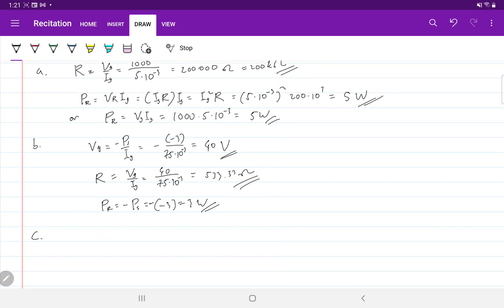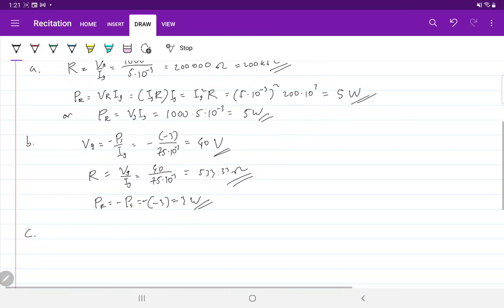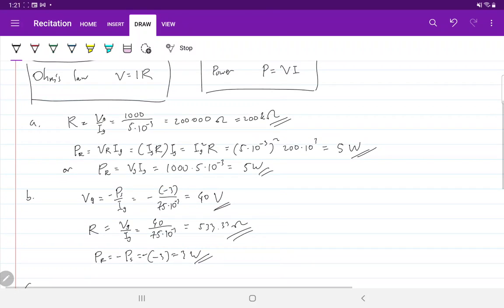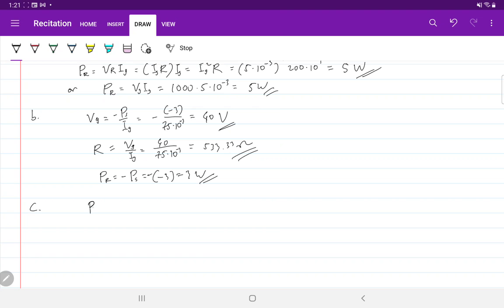All right, C, the question is what is IG? Okay, so we know from this equation here that PR is IG squared R, right?